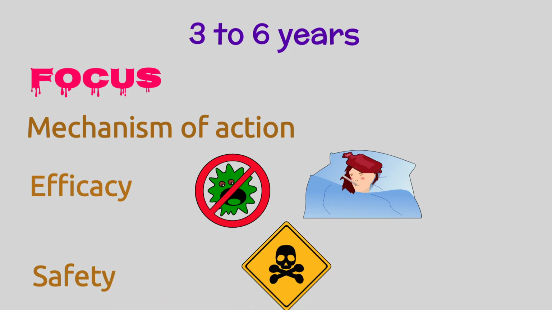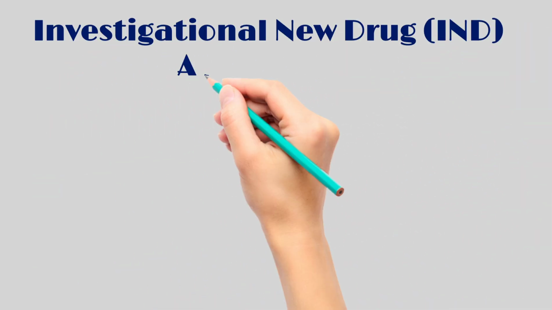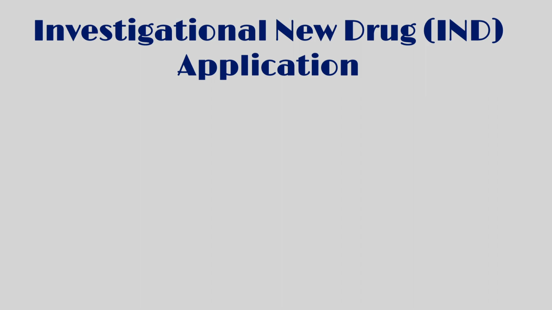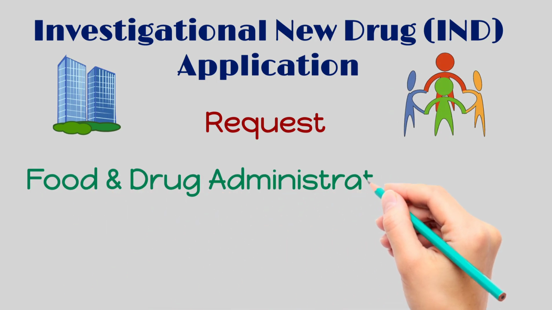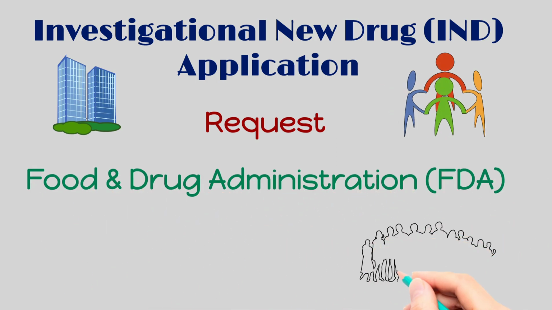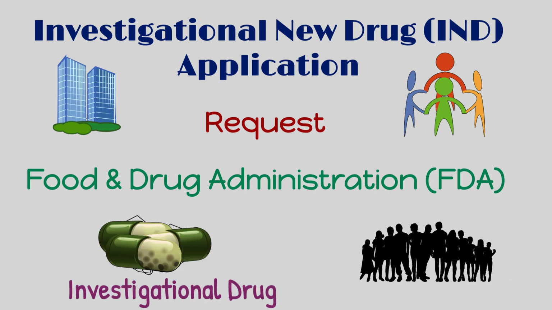Once drug qualifies all these three parameters, sponsor company or research group responsible for developing the drug can file the investigational new drug application to FDA. In simple language, this IND form is a request from sponsor company or research group to the Food and Drug Administration to conduct clinical trial in human subjects using their investigational drug. This IND form contains all the safety data collected on the drug from preclinical study.